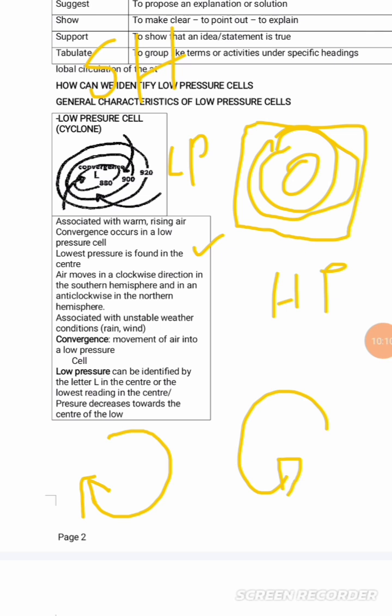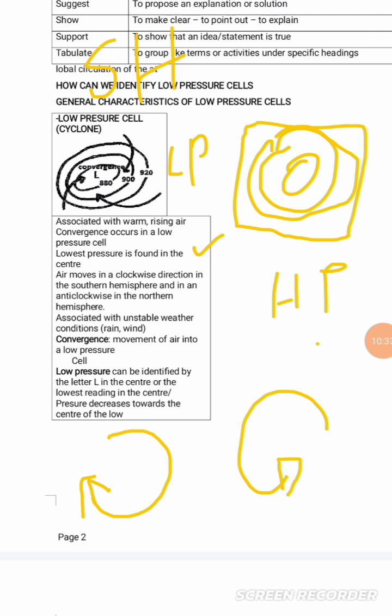Then on the high pressure cell, the weather associated with high pressure cells is stable. Weather associated with high pressure cells is snow, coldness. That's what I'm talking about.